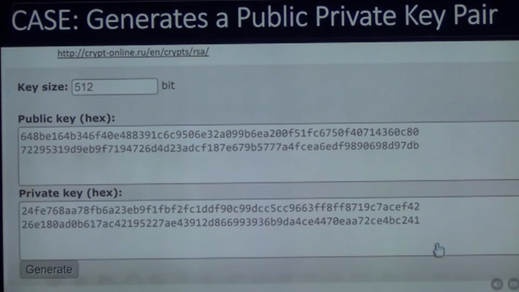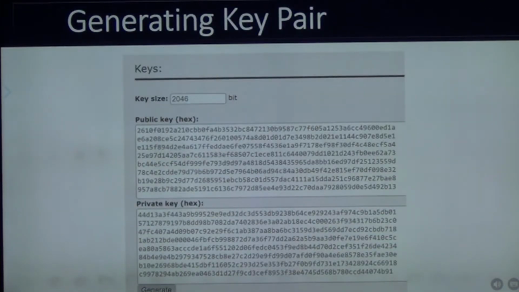Okay, so I've just shown you that you generate a public private key pair. So as Case, I go to the utility and generate a public private key pair with a large key size, 2046, and I have a public key which I give to all the students.